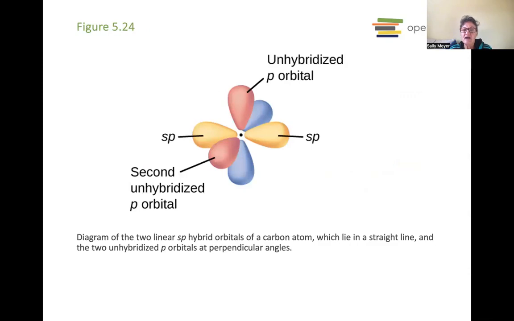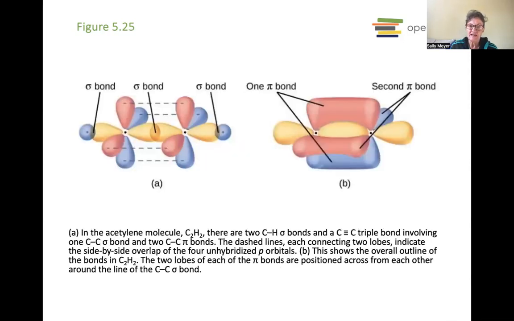Okay, so now if you have sp hybrids on each of those carbon atoms, remember, if you only used an s and a p, that means there's 2 p orbitals on each of these carbon atoms that have single electrons in them. And so now they can squish together sideways, and you can form 2 pi bonds.